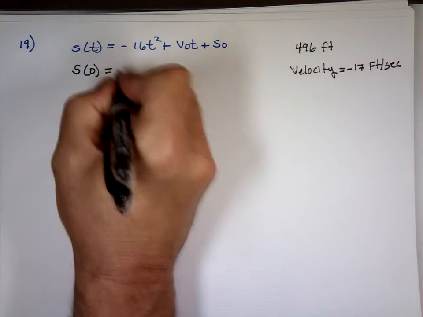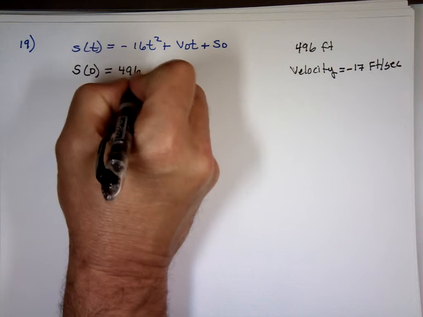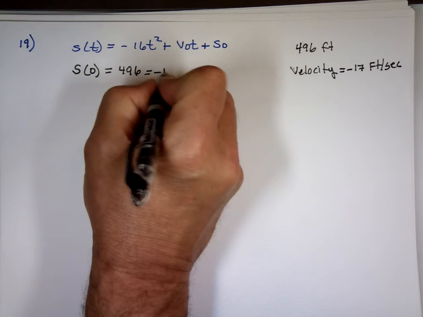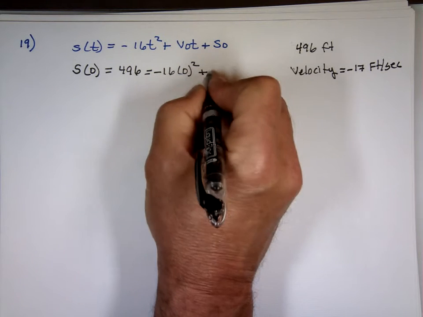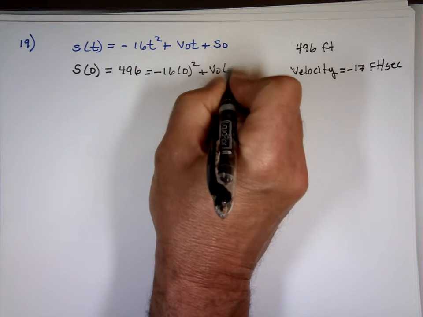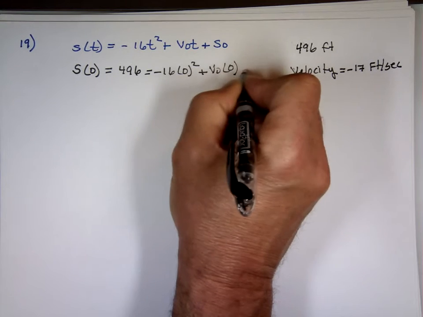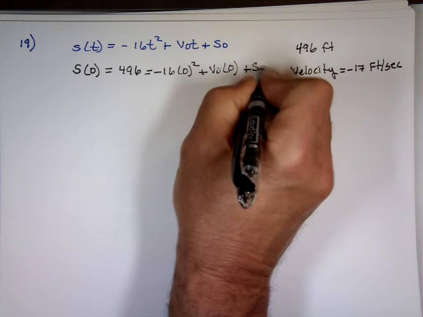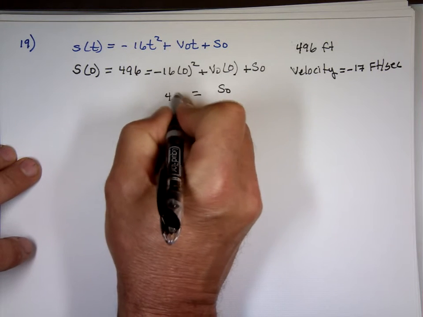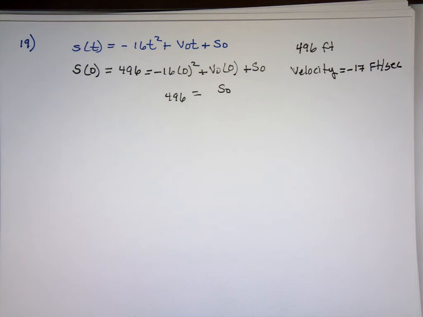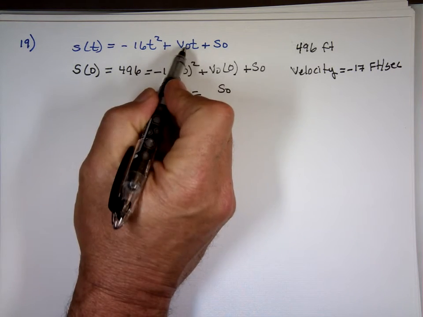According to this, it's 496, which is equal to negative 16 times 0 squared, plus the initial velocity, which we don't know, times 0, plus s of 0. And it tells you s of 0 equals 496. That's what the initial height is. And v0 is your initial velocity.